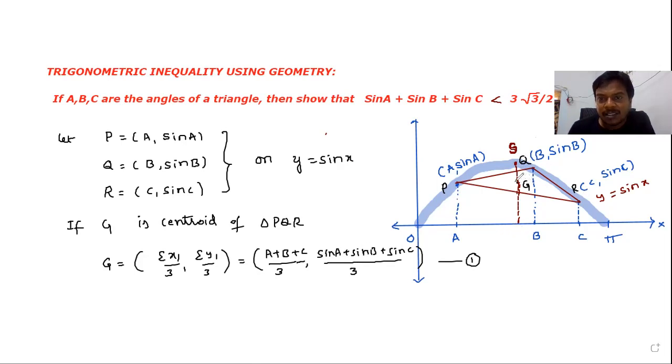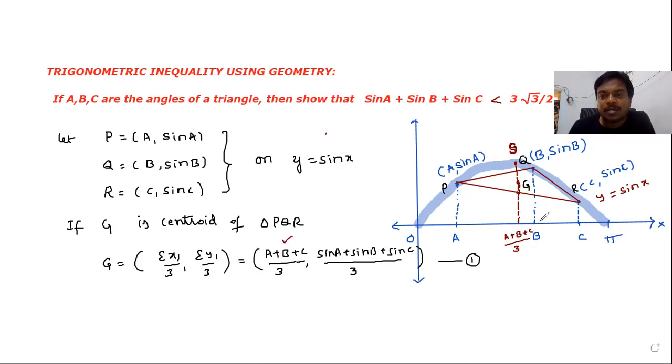We know that G is the centroid, so the x coordinate of G is automatically (A plus B plus C) divided by 3.